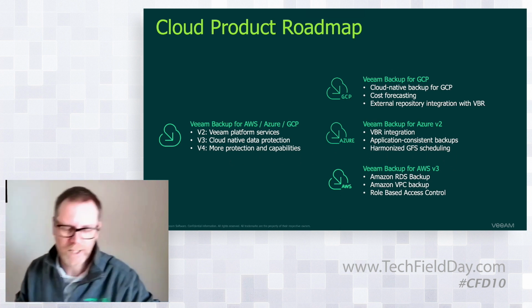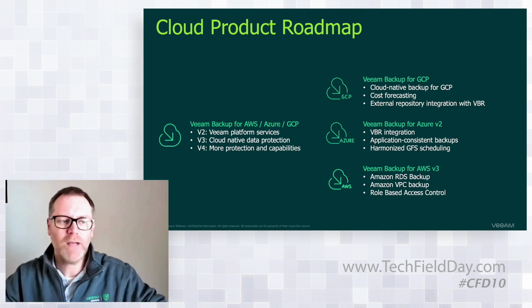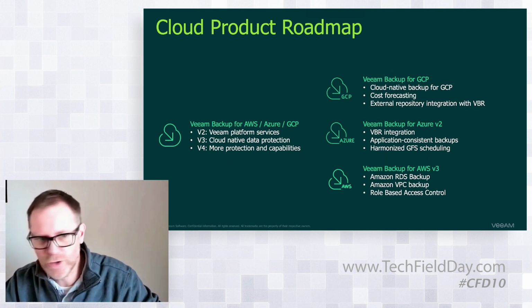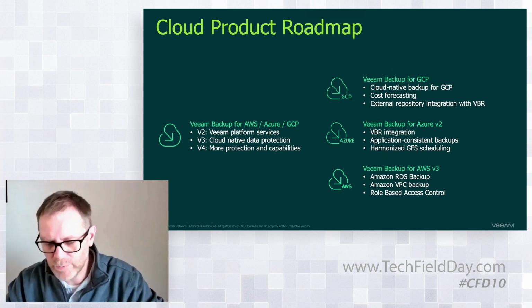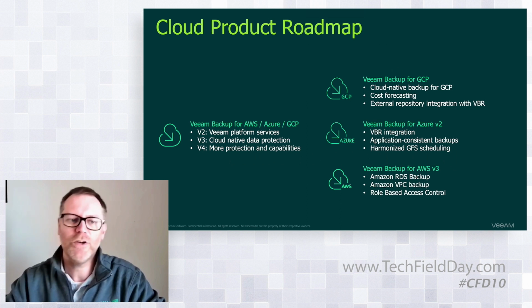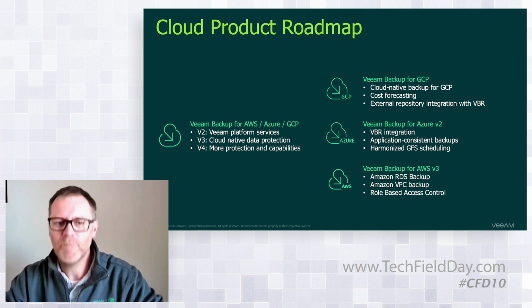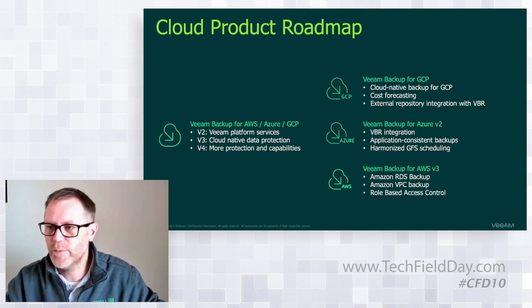Why is it done like that? Well, on the left, we talk about the different capabilities that we bring in on these versions. Version 1, we deploy that product to the public cloud provider's marketplace. So for example, Veeam Backup for GCP gives the born-in-the-cloud customers the capabilities to protect their workloads.